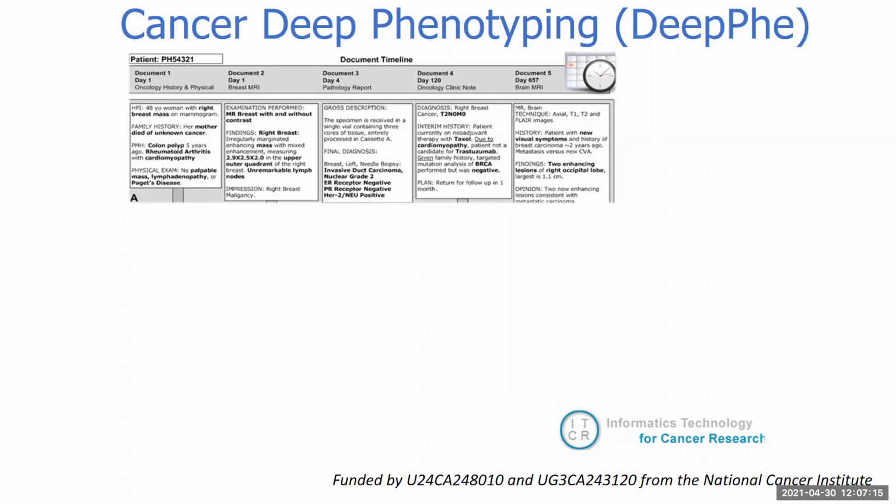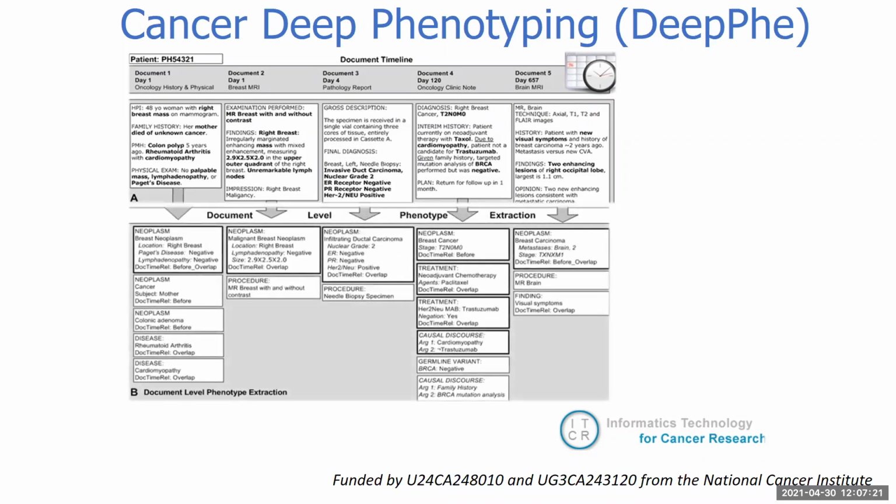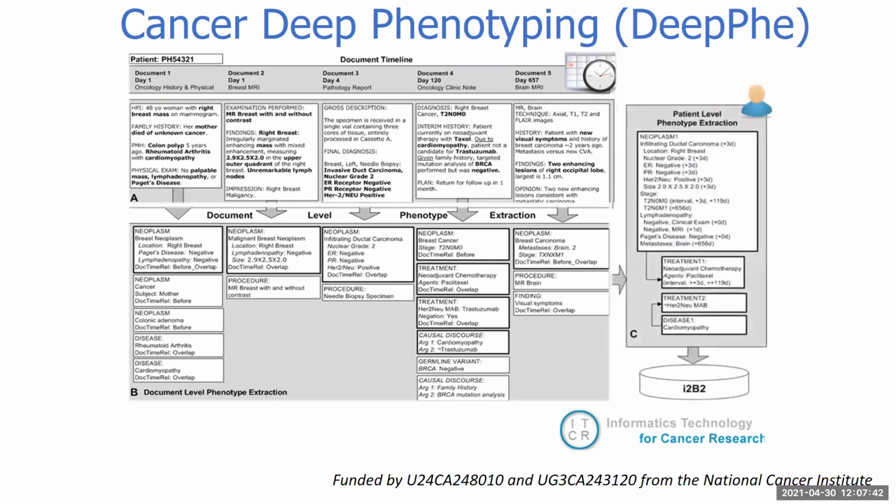So we would want to create a system that would actually extract that information, normalize to a predetermined data structure, including mapping to ontologies. And then once we have that information extracted at the document level, the goal is to summarize to a patient level and then deposit into a database for further consumption by researchers or cancer registries.